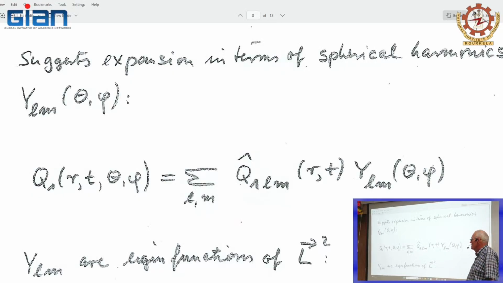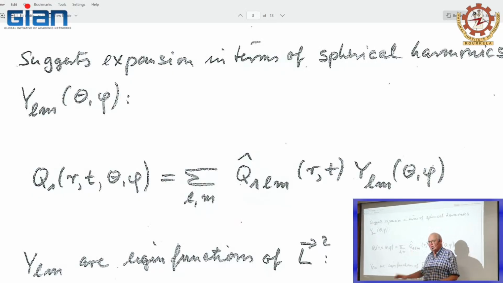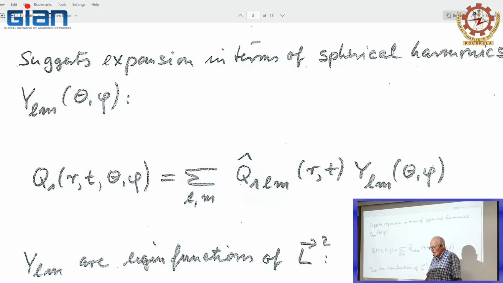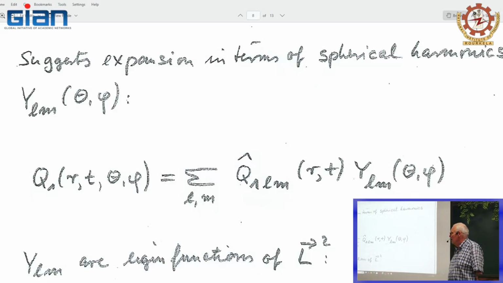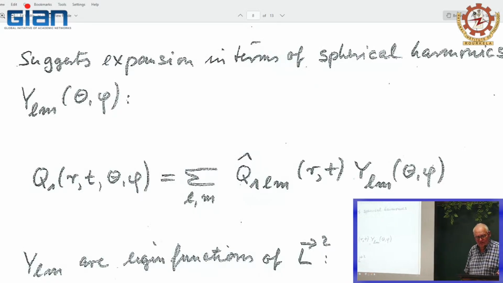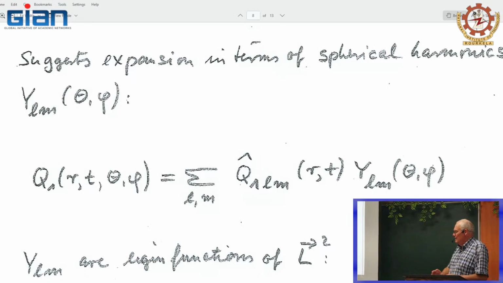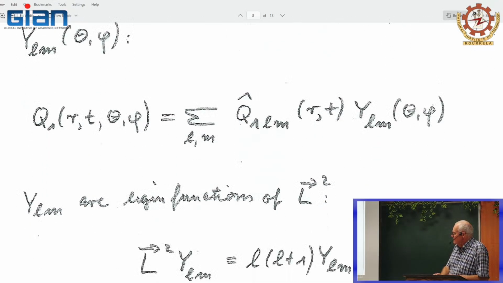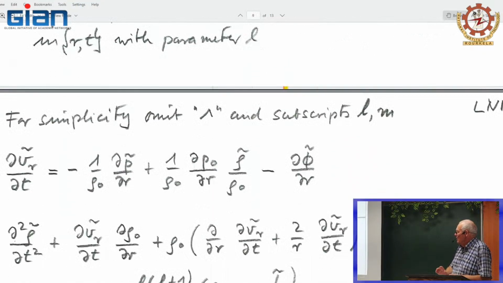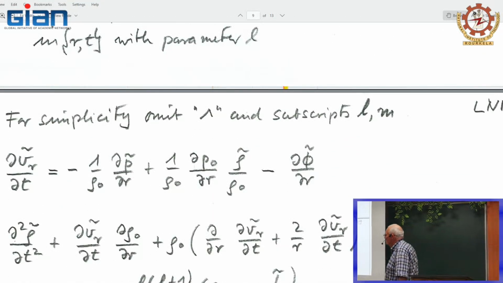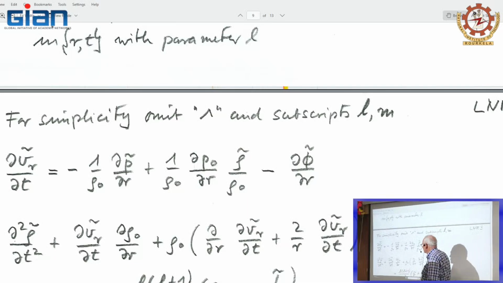For simplicity we omit this, keeping in mind that these quantities will depend on the harmonic degree l, but no longer on the angles theta and phi. So let's go to the equations and see what happens. The first equation remains essentially unchanged.